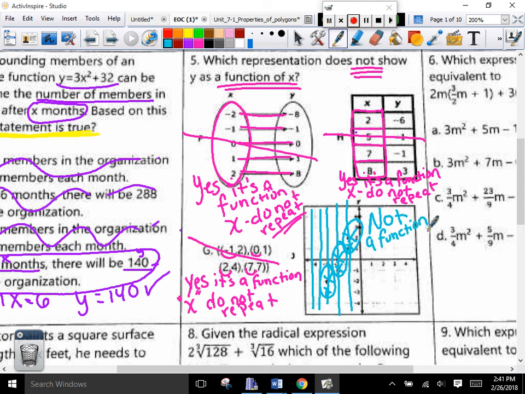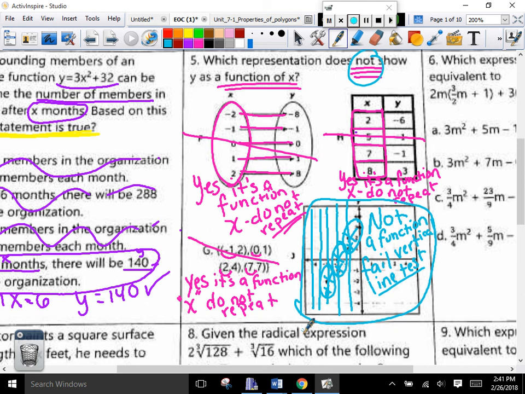Not a function, we fail the vertical line test. Now, because my answer is saying not, this one's going to be my answer because that is not a function. So that would be my answer.